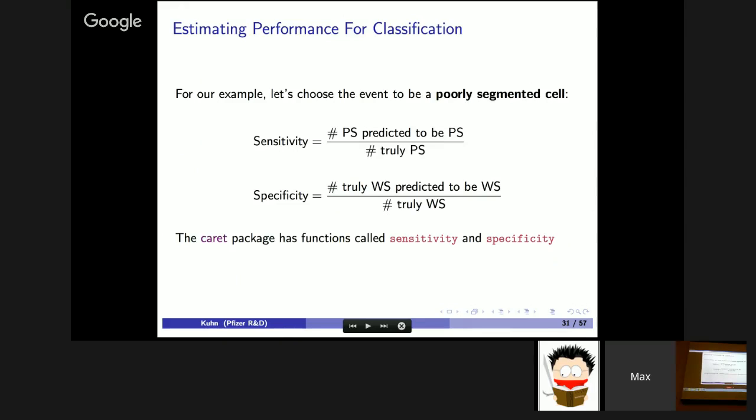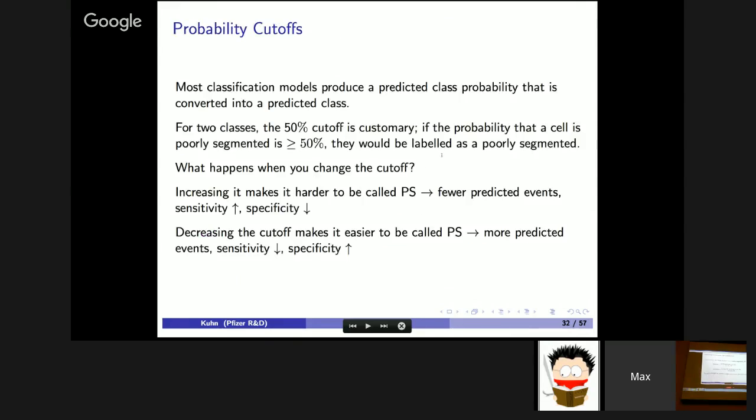Right, so in caret we have functions called sensitivity and specificity to calculate those two quantities. So the thing about the cutoff is, let's say if the probability of being poorly segmented is greater than 50%, we'd label it as poorly segmented. So what would happen if we increase the probability cutoff?